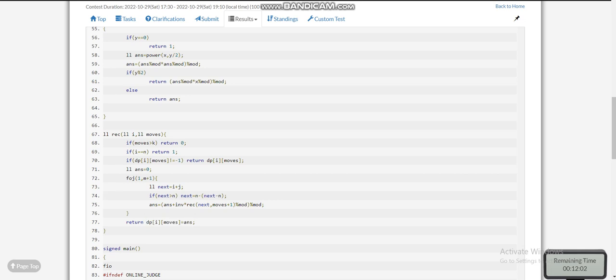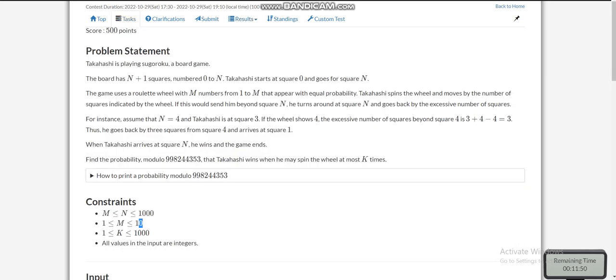Now we consider every value for j from 1 to m. The next move is i plus j. Next equals i plus j. If next is greater than n, we do this. Let's say this is next.